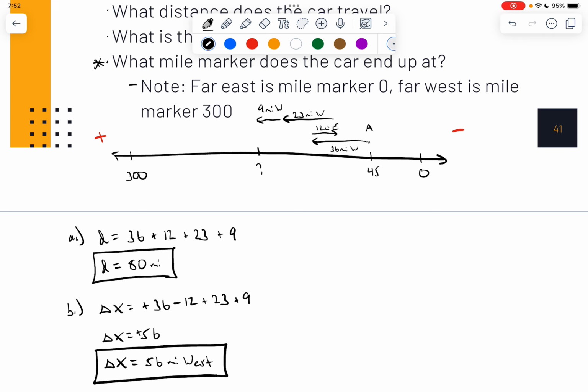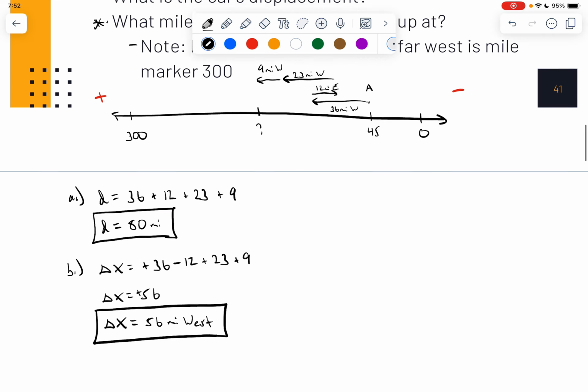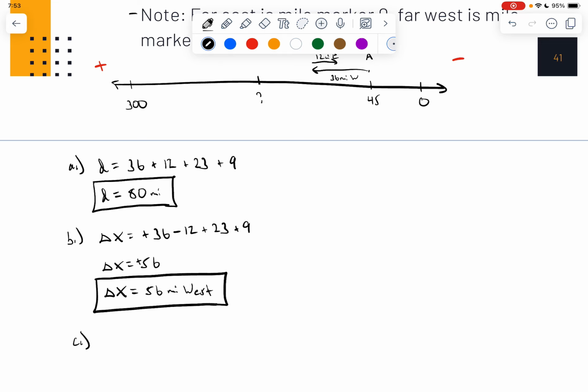So when we think about the mile marker that our car ends up at for part C, basically what we're saying is we start off at mile 45, so mile marker 45, that's our starting location, and we then go an additional 56 miles to the west. If we add 45 to 56, that means that we're going to end up at mile marker 101 as our final location.